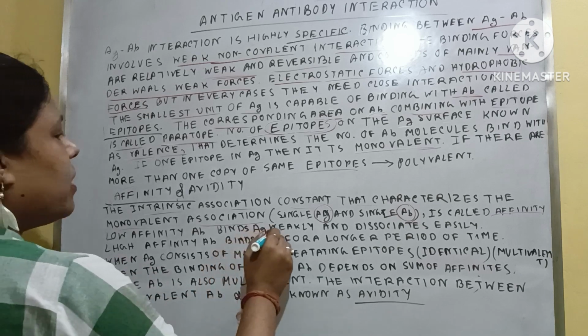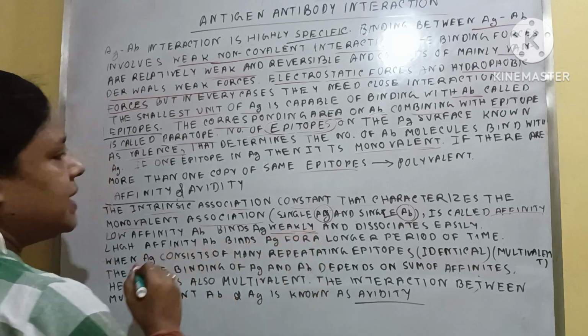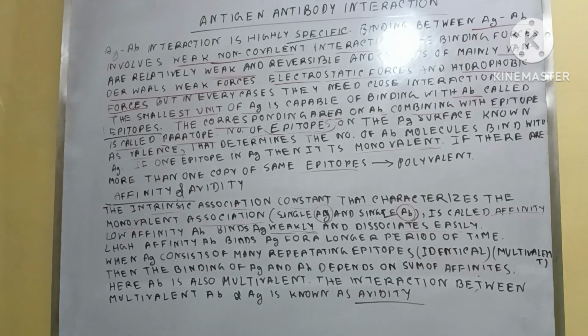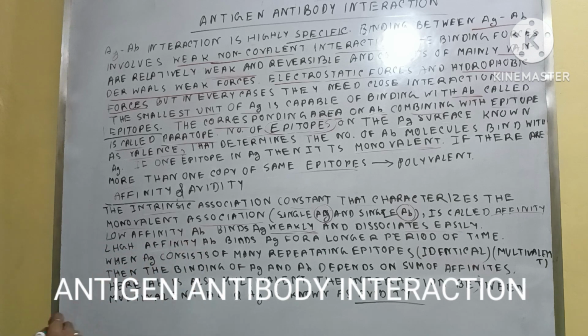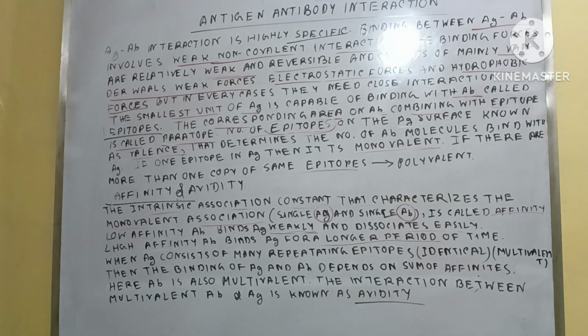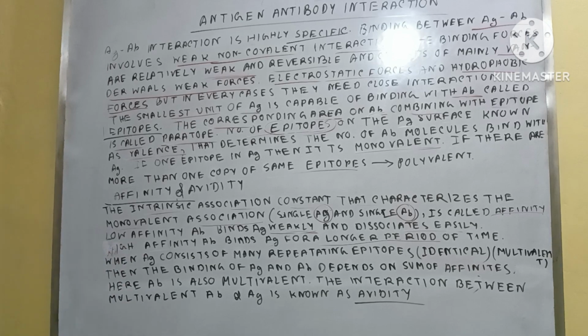Okay, so what is that? The Ab binds with the Ag very weakly, and that dissociates easily. And high affinity means the Ab binds to the Ag for a longer period of time. Okay, high affinity, this is low, this is high.